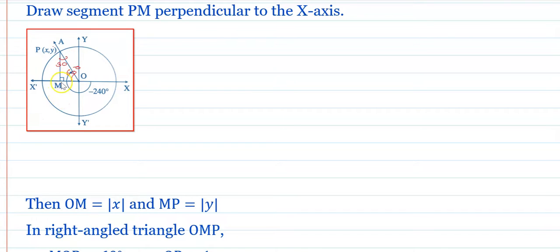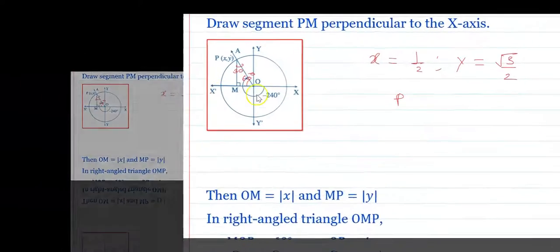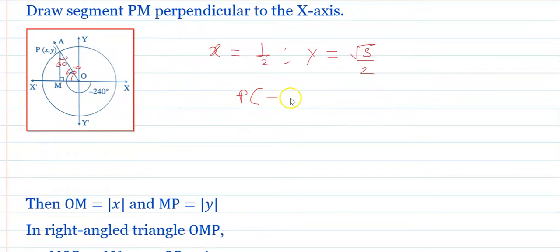Now OM is equal to the x distance, and this x is equal to 1 upon 2. And PM is equal to the y distance. It's opposite to 60 degrees, and that is root 3 by 2. But the given point P lies in the second quadrant, so x is negative.